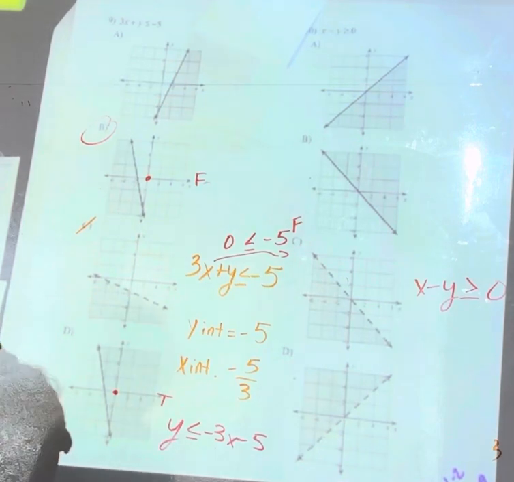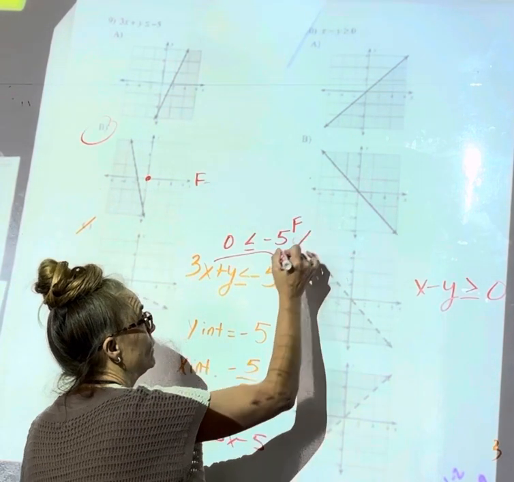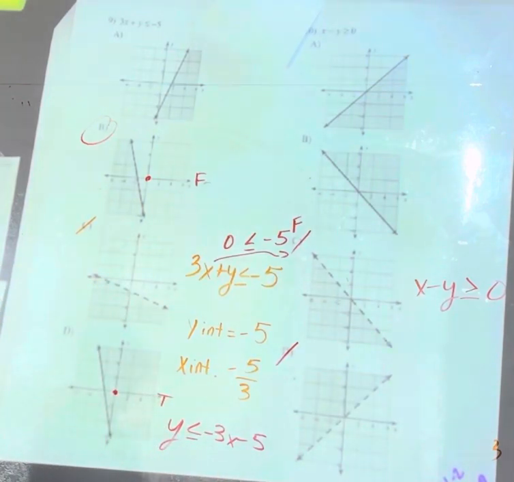The dashed line. Okay. So it's either shaded above or below. So can I check the origin to see if it's true or false? No, because the origin is true on both of them.